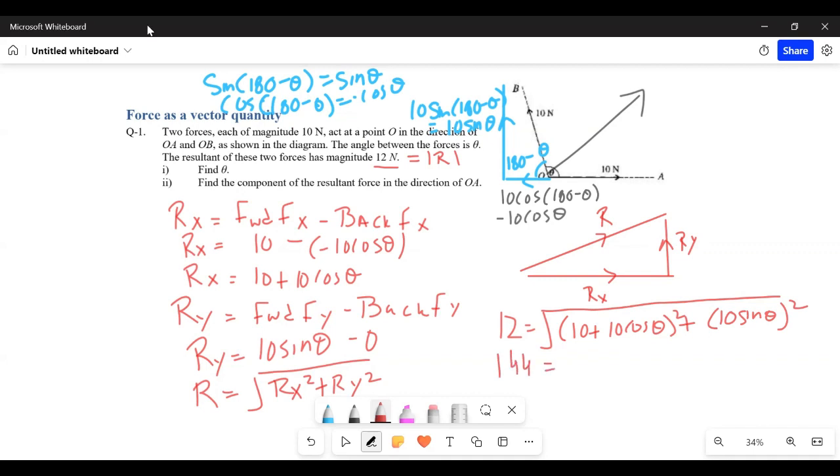If you square both sides, we get rid of the square root on the right hand side. Squaring this, we have 100 plus 2ab, so 200 cos theta, plus b squared, 100 cos squared theta. And then the next expression becomes plus 100 sine squared theta.